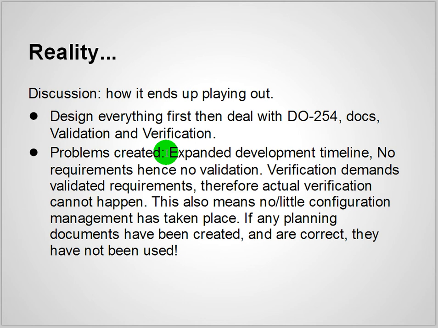I've seen configuration management where it's on people's personal hard drives or on thumb drives or stacks of paper on their desk. This is from my understanding and from my experience, not acceptable. It has to be under control.